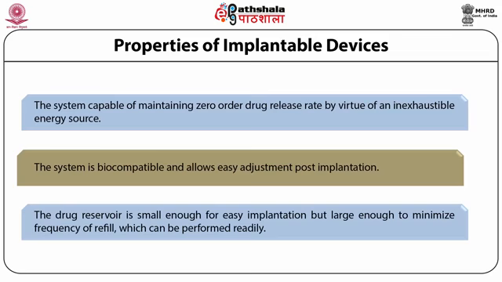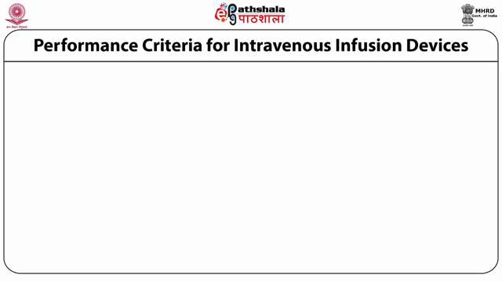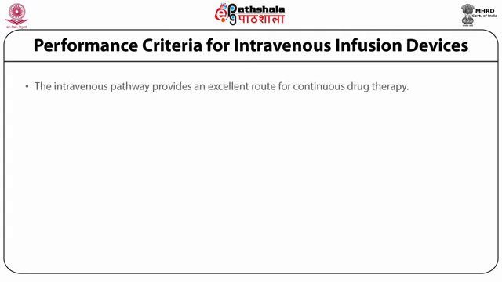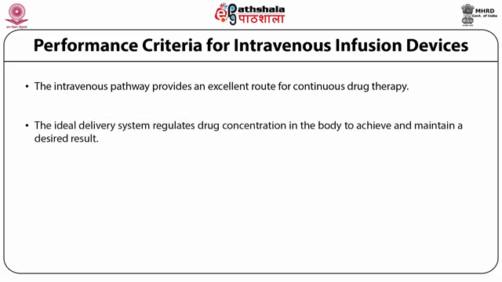Let us try to sum up the performance criteria for intravenous infusion devices. It is well understood that the intravenous pathway provides an excellent route for continuous drug therapy. The ideal delivery system regulates the drug concentration in the body to achieve and maintain a desired result.